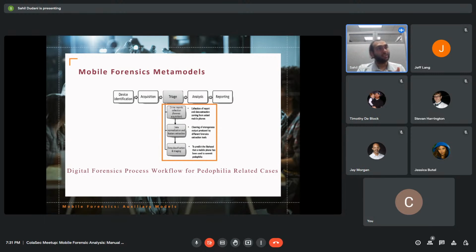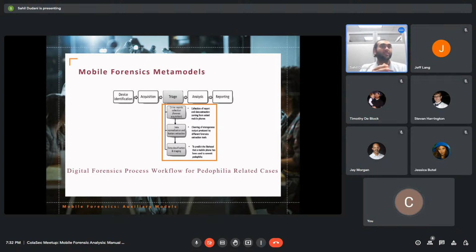But in this particular case, they took triage to a different level where they collected previous criminal reports, they normalized and analyzed the data, they extracted features from it and tried to classify a device even before it was analyzed. So they took the data and they tried to analyze the data in a manner to take a decision whether this particular device could have pedophilia related content or not.